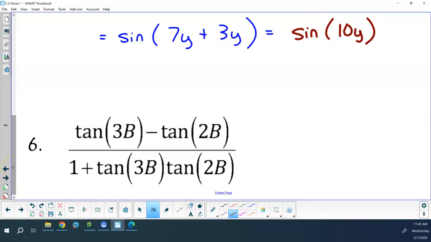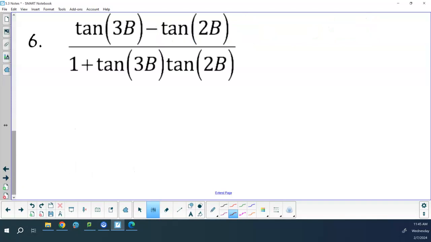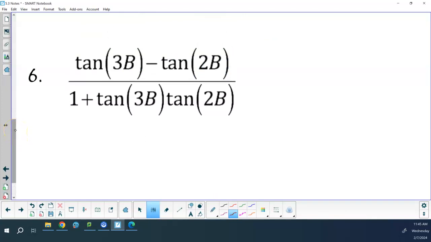Tangent's the easy one. Tangent's the only one that has tangent in it, right? What are you saying, D?